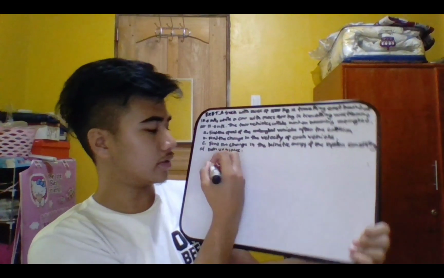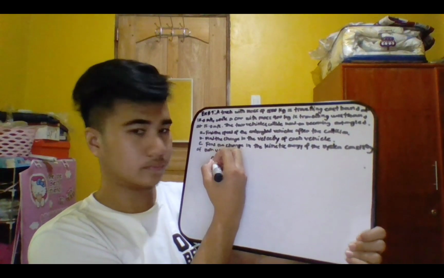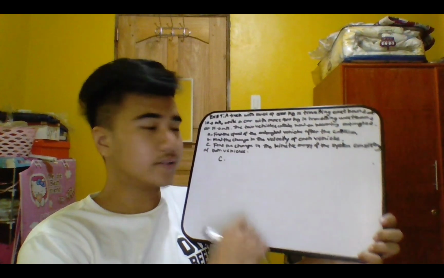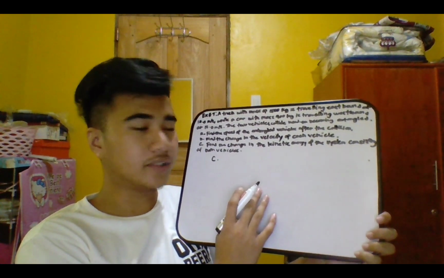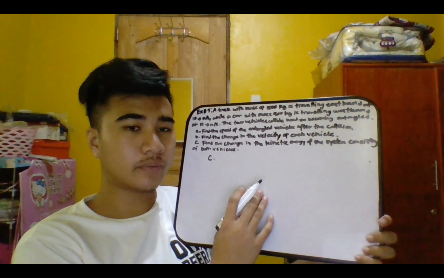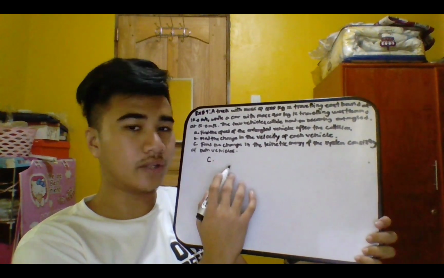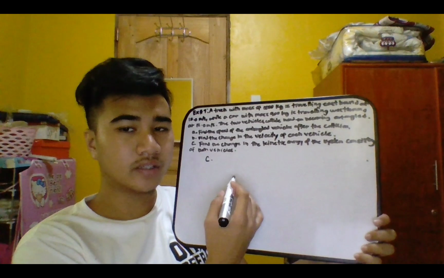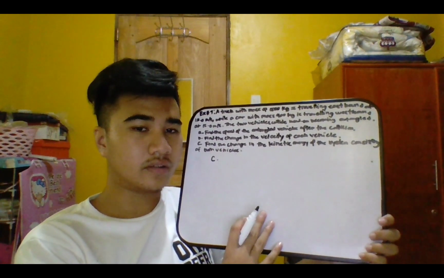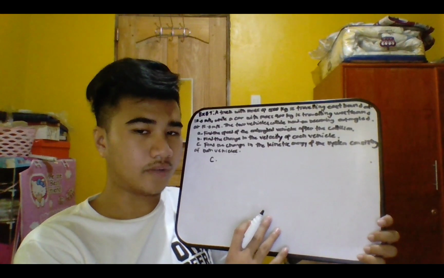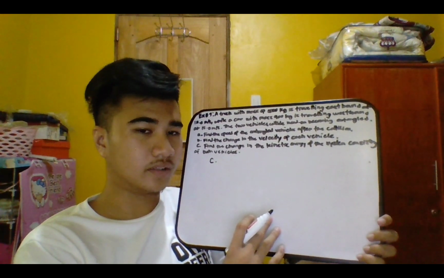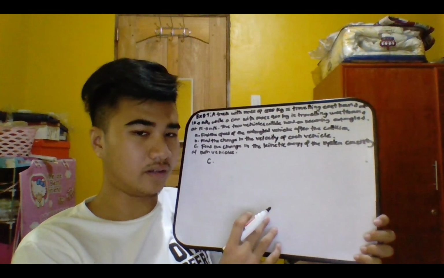So for letter C, we are asked to find the change in kinetic energy of the system consisting of both vehicles. What we will do is compute the total kinetic energy before the collision and the total kinetic energy after the collision, and subtract to find the change in kinetic energy.